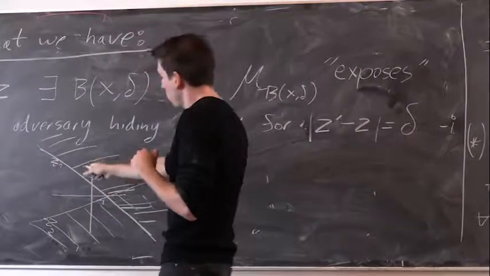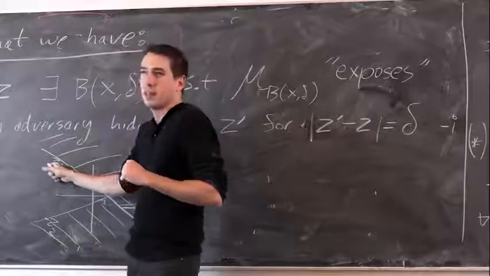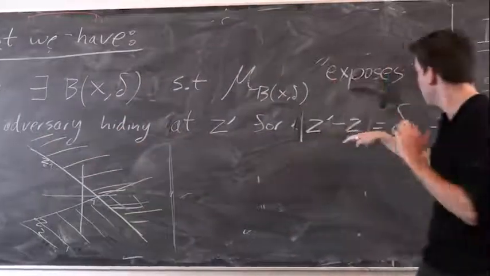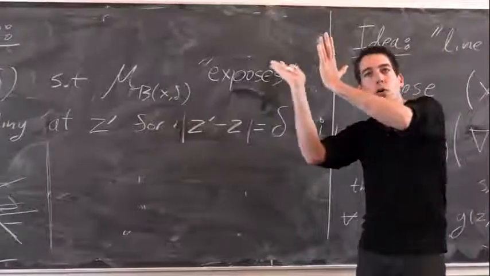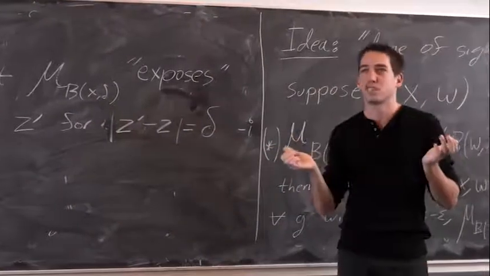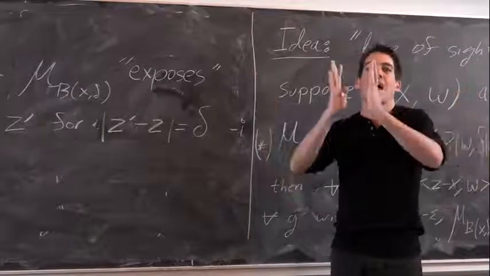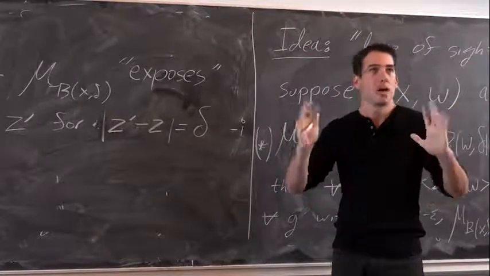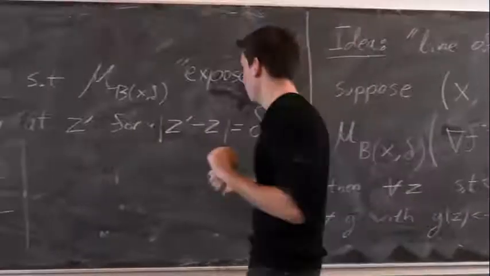If I can expose almost every point, if for every point I can expose something close to it, then the union of everything that I can expose is contained in a slab. So another way to say it is the following.